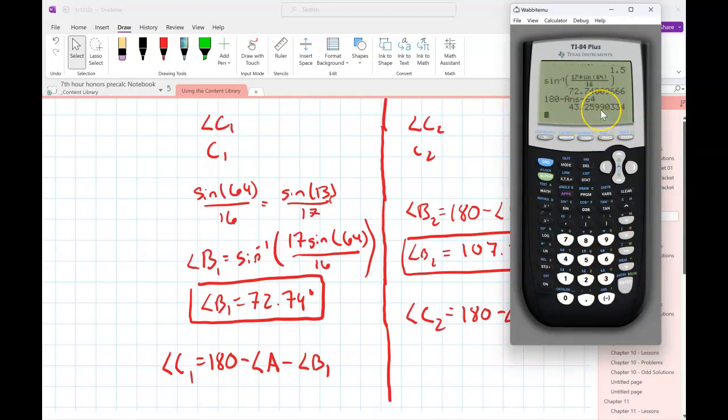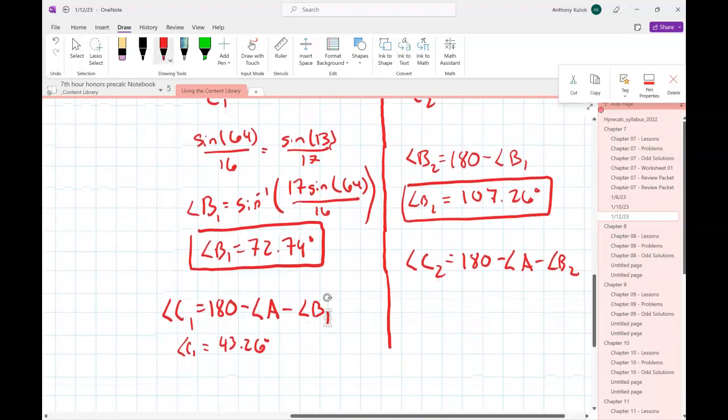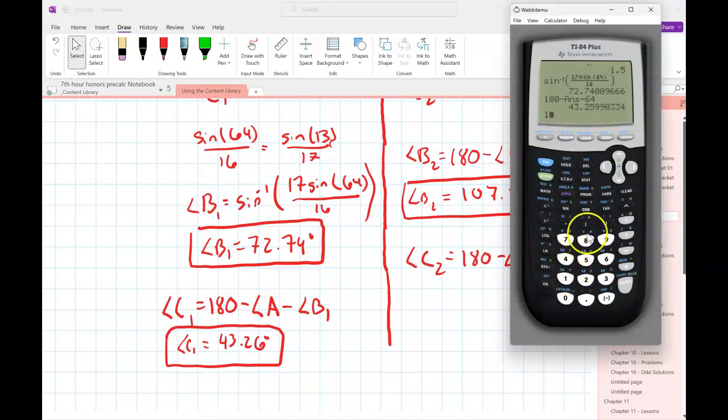So 43.26 for this one, and 8.74 for the other one.